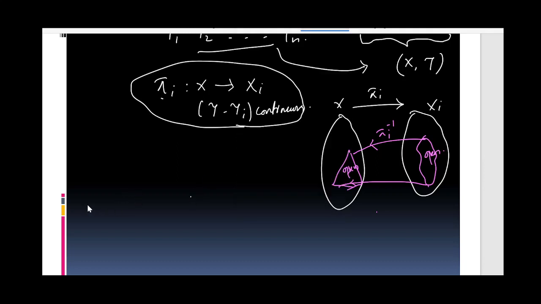This is the first part of the theorem. Proof: we have to prove that pi i is continuous.